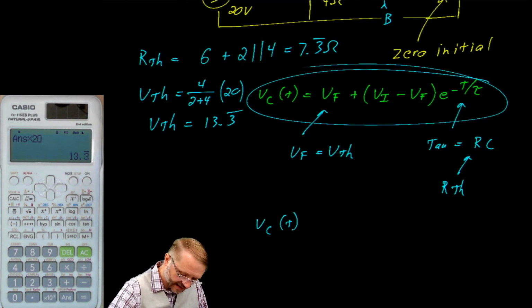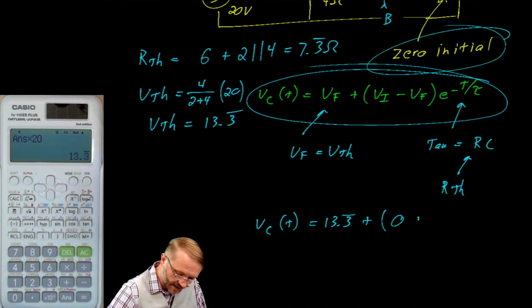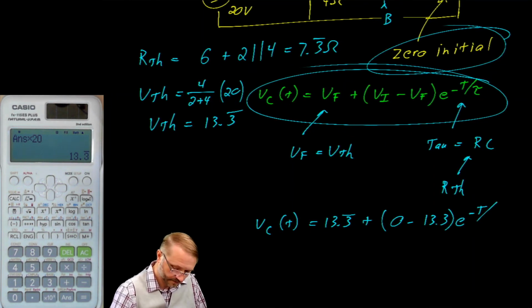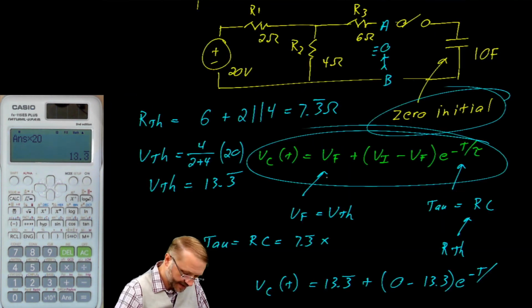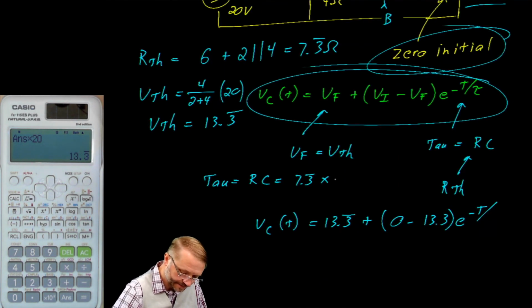And now we can use this equation. Vc of t is our final voltage, which is the Thévenin voltage. So that's 13.3 plus our initial, we said it was 0 initial, minus final, e to the negative t over tau. Tau is RC, which is 7.3 ohms by 10 farads.